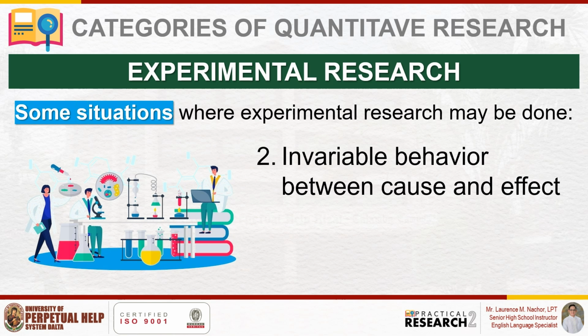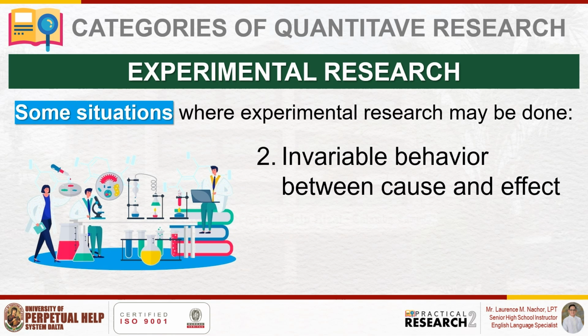If a certain action or condition reliably leads to a particular outcome, regardless of external factors, the behavior is considered invariable. This concept is often used in scientific studies to describe deterministic relationships where the effect is always the same as long as the cause remains constant.